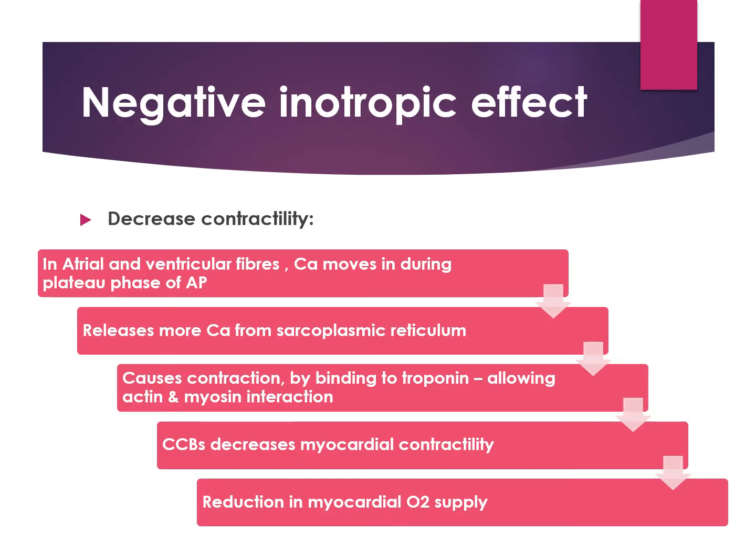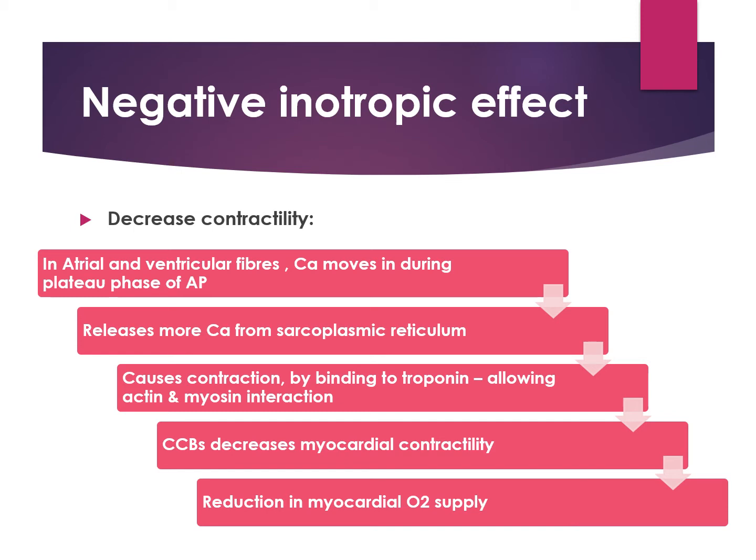So, coming to the mechanism of negative inotropic effect, that is nothing but decrease in contractility. In atrial and ventricular fibers, calcium moves in during the plateau phase of action potential. This is an important point.